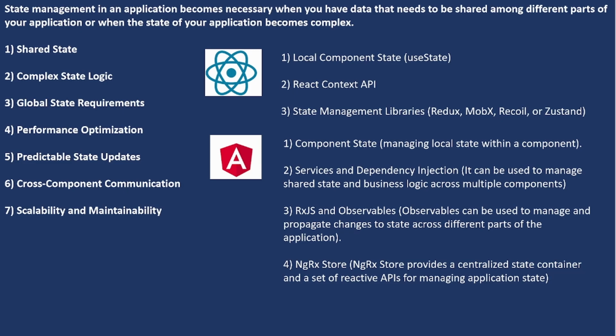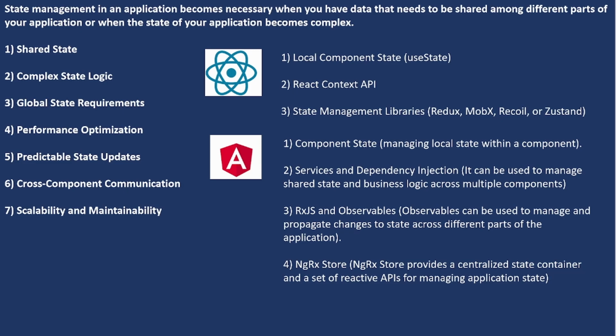Next, I would like to explain the global state requirements. What does global state requirements mean? You have authentication state, preferences, theme settings, and language preferences, and they need to be accessible across different parts of your application.